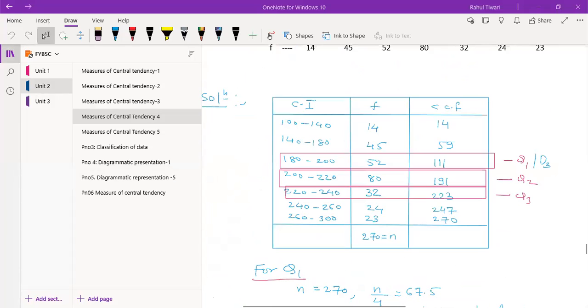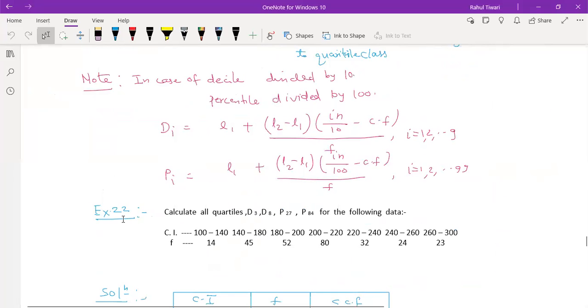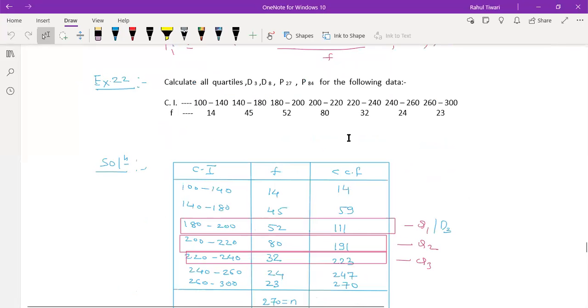So this is example number 22, which we have already solved. In that case, we need to compute all quartiles, D3, D5, D8, and so on. Here we have data regarding some wages or maybe some interval.